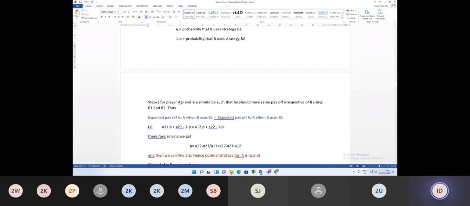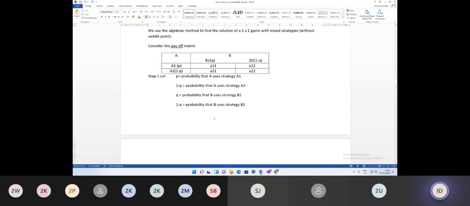Step 2 for player A, right? For player A, P and 1 minus P should be such that he has the same payoff irrespective of B using B1 or B2. That means the expected payoff, algebraically: the expected payoff to A when B uses B1 is equal to the expected payoff to A when B uses B2.